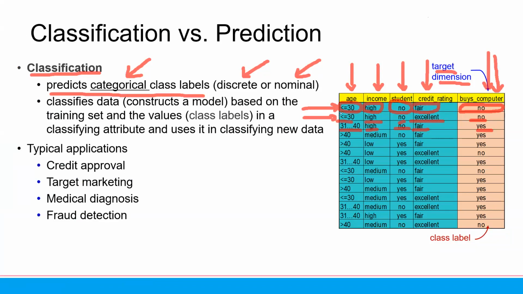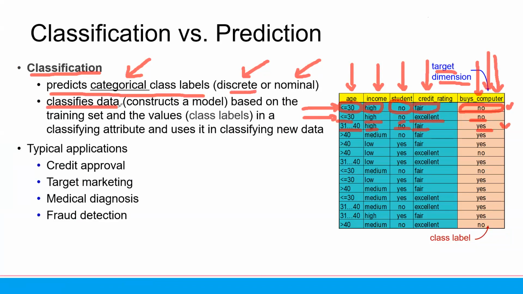So using this kind of data, we can determine something. We can determine this categorical, whether it is no or yes. We call this the discrete.